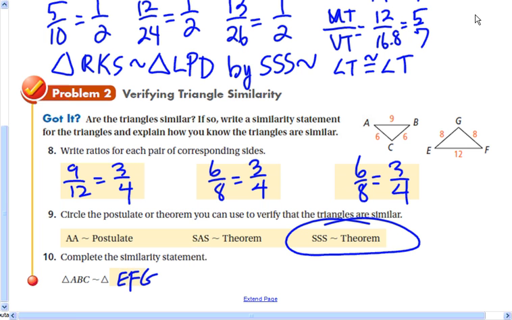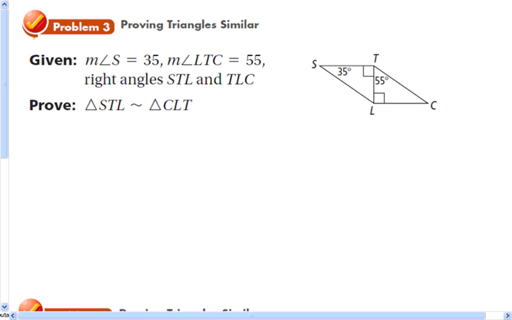All right. Problem 3, proving triangles are similar. Okay, so we're going to use one of those postulates or theorems if we can. Just looking at this, we want to try and prove they're similar. I'm thinking it'd be nice to know what one more angle is, because I don't think we can show that the corresponding sides have equal ratios.